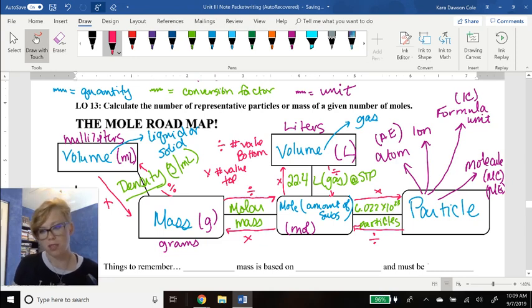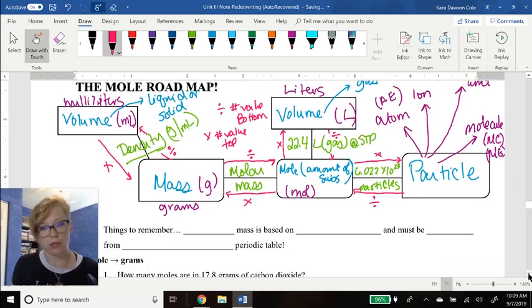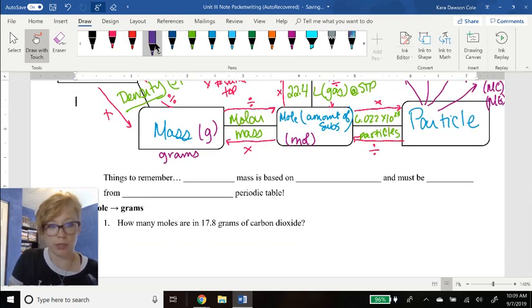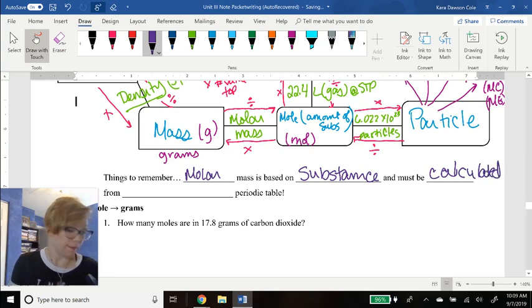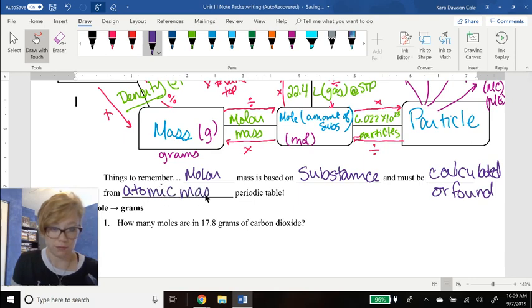So a few things to remember. The number one thing to remember is that your molar mass is based on the substance, and must be calculated or found from the atomic mass on the periodic table.